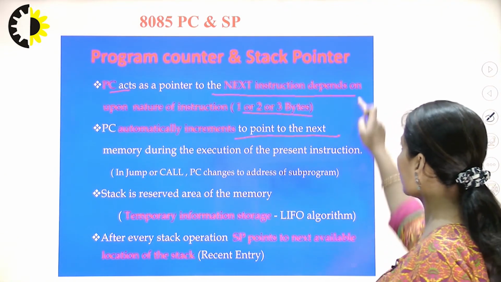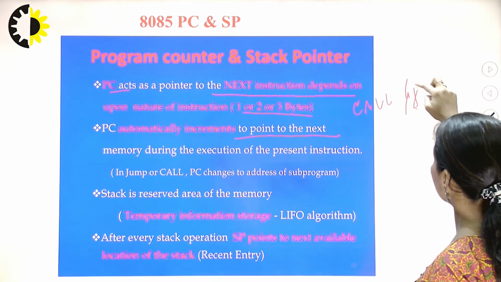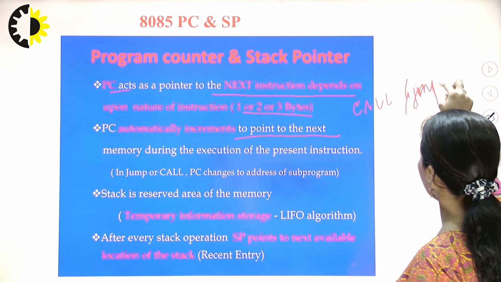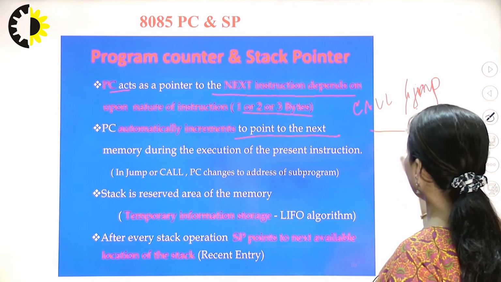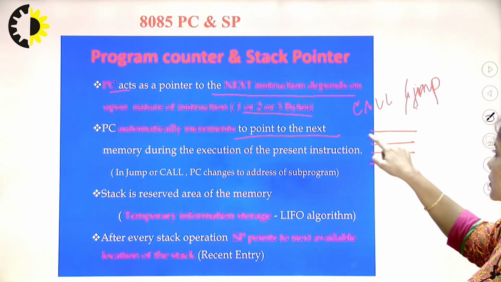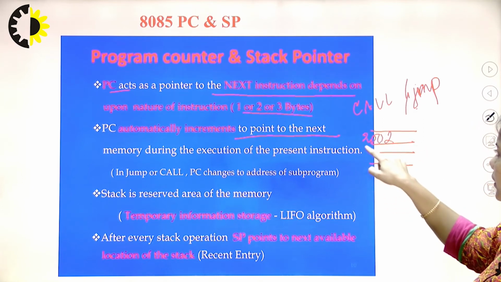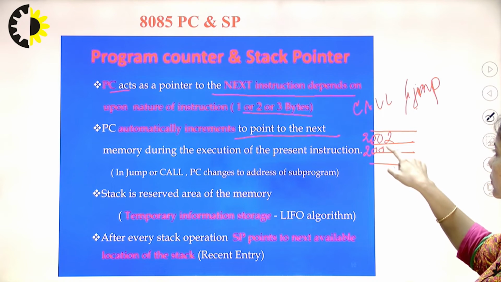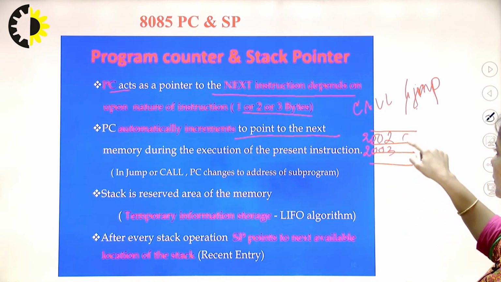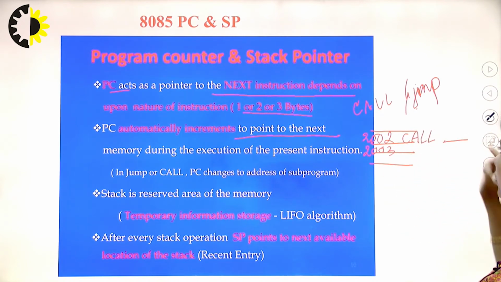So whenever a call instruction or jump is executed, what will happen? Suppose we are currently in the main program at this place, this is 2002. The next instruction is at 2003. Suppose here we come across the call instruction, call at some address.